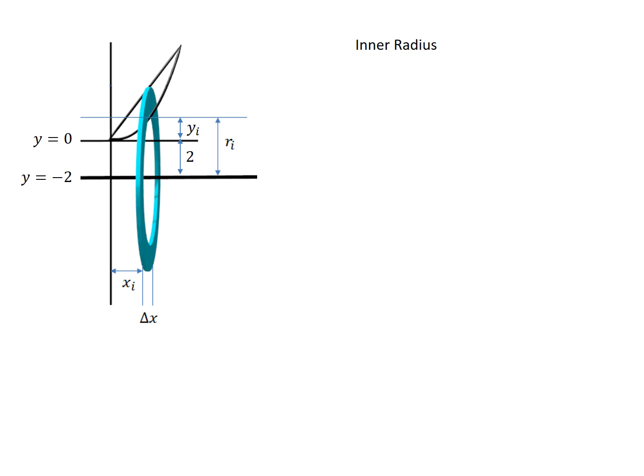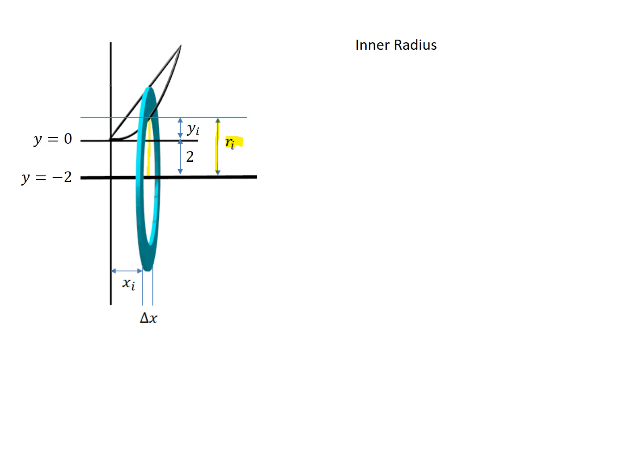For the inner radius, we start at the point on the parabola that touches the washer and go down to the line y equals -2. So this, my inner radius, is right here.